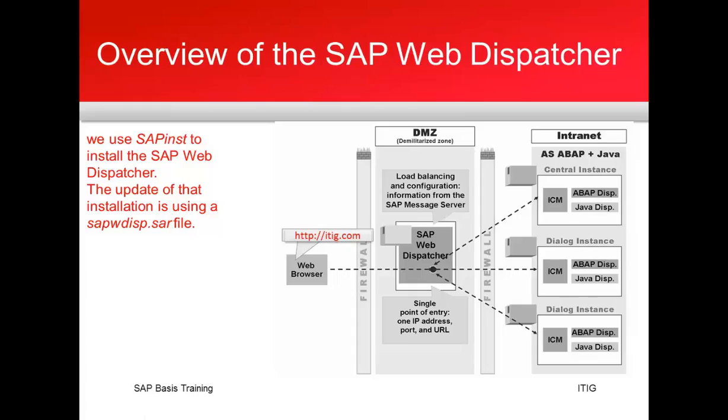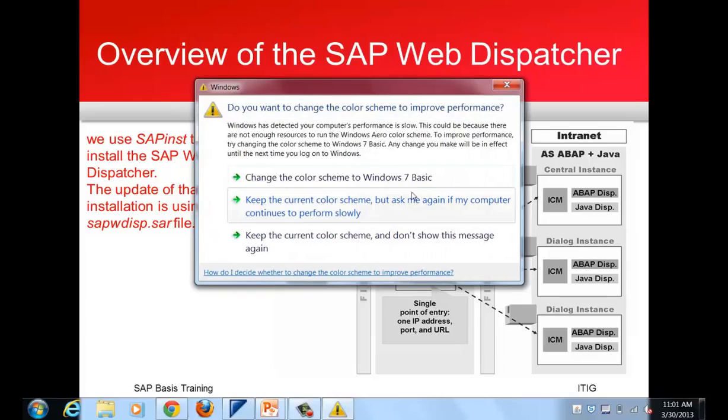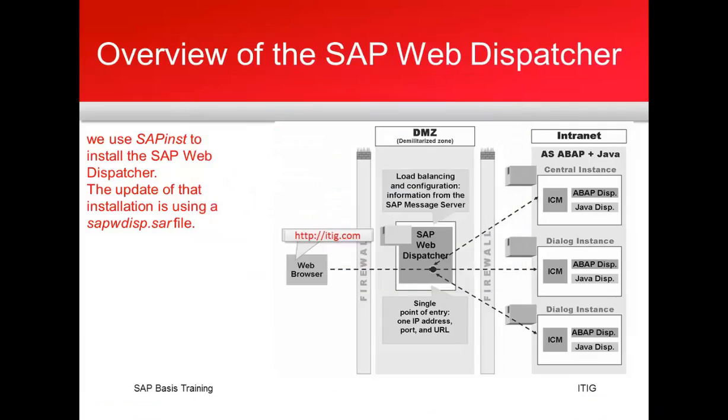Normally it is created just to hide our main servers, like main SAP systems, behind another layer of firewall. That is the objective of the demilitarized zone, so that in case someone tries to hack, it will go through one additional layer of firewall. Okay, so that is about the DMZ.